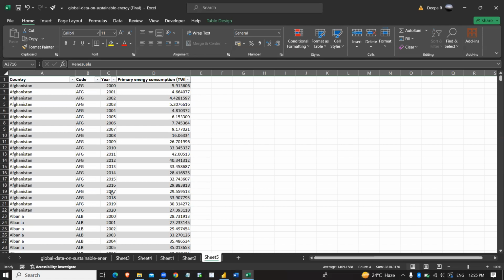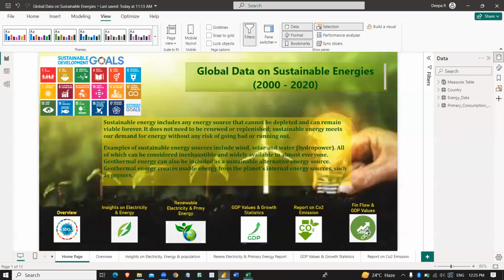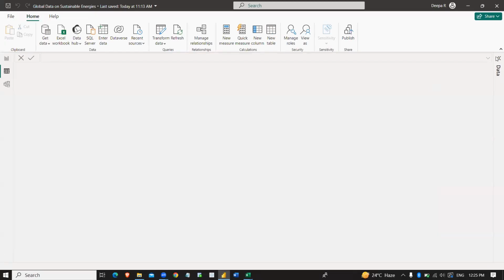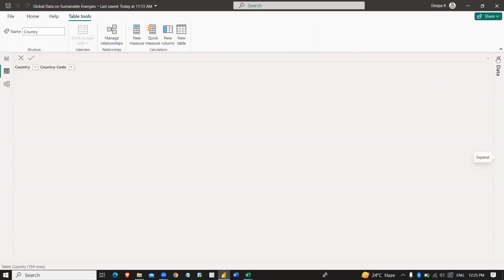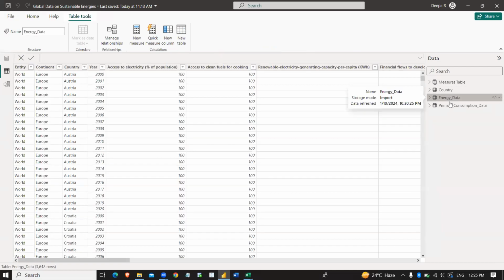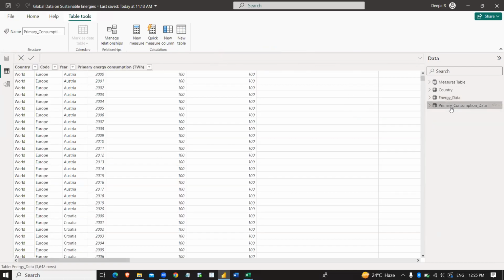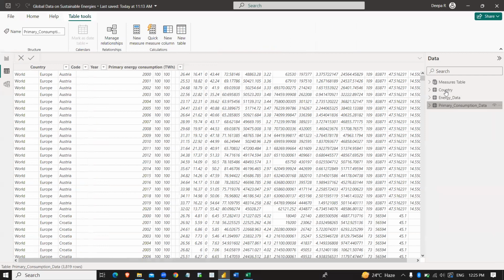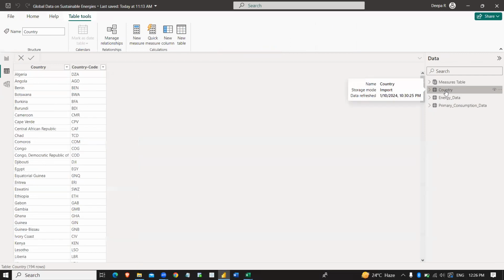after cleaning all these things and removing all the null data and including all the other data, whatever is required for me, I have imported the dataset into my Power BI desktop. You can see here I have my energy data table here, my primary consumption data table here, and a country table here, which is a factless fact table.